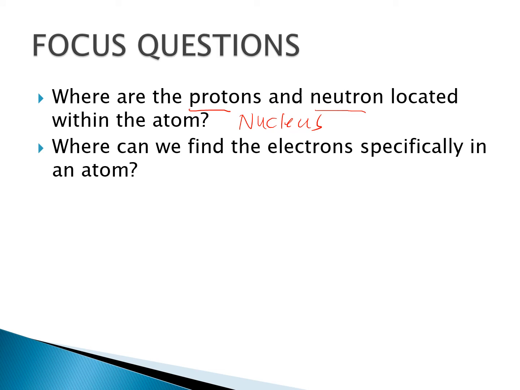Now, second focus question. Where can we find the electrons specifically in an atom? Please take note that we have here the term specifically. We are looking for a specific region or a specific area within the atom where we can find the electrons. Going back to our discussion of subatomic particles, we have seen that electrons are basically found outside the nucleus, and they are basically spinning.